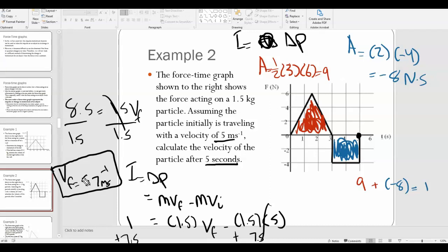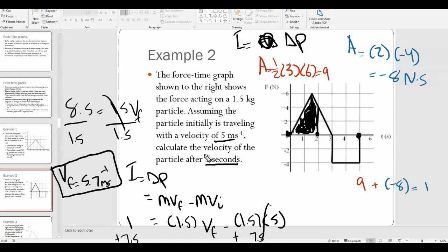But let's say the problem said, how fast is the particle moving after 2 seconds? Well, then we would have only been concerned with the area between 0 seconds and 2 seconds. That would be this area right here, which is kind of awkward because it's part of a triangle, but we would only be using this area to answer the question.